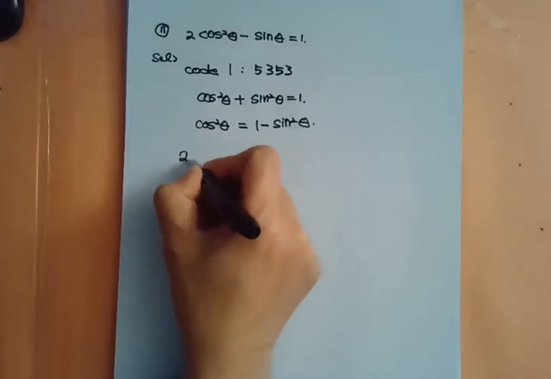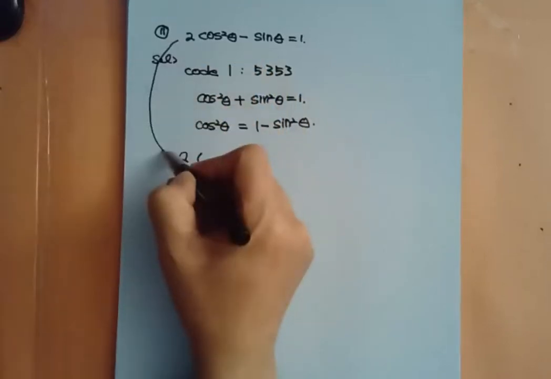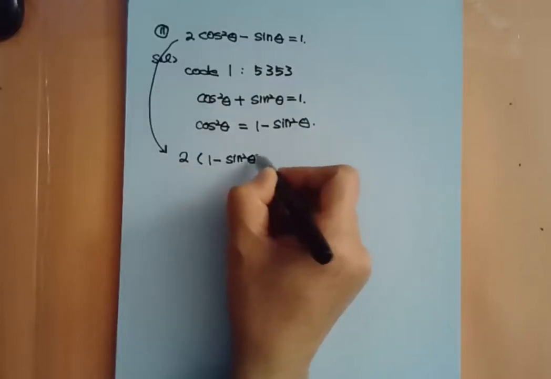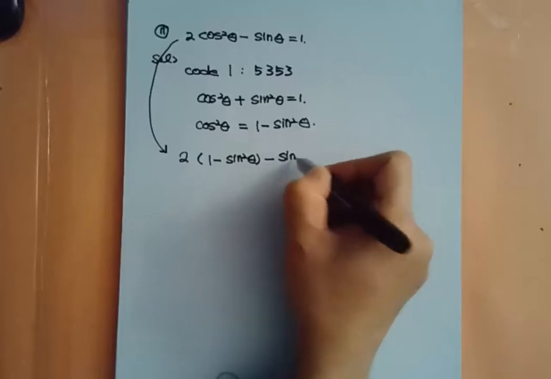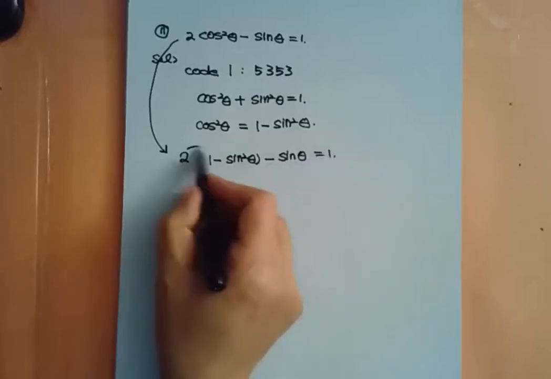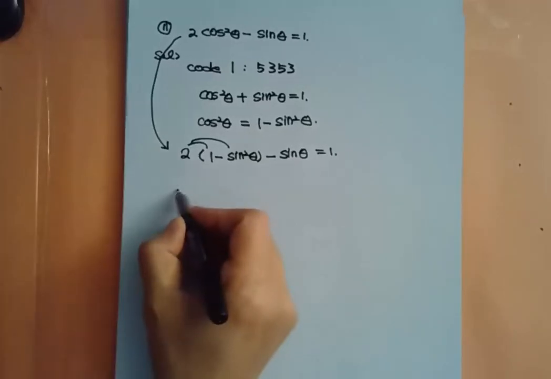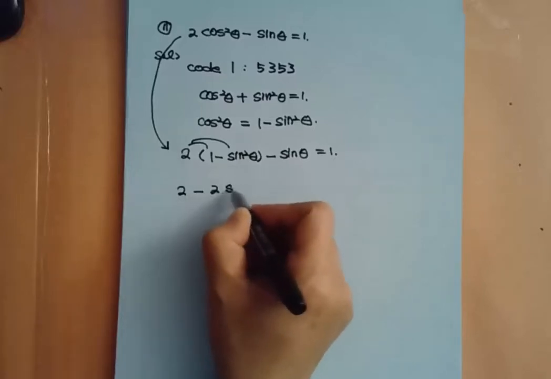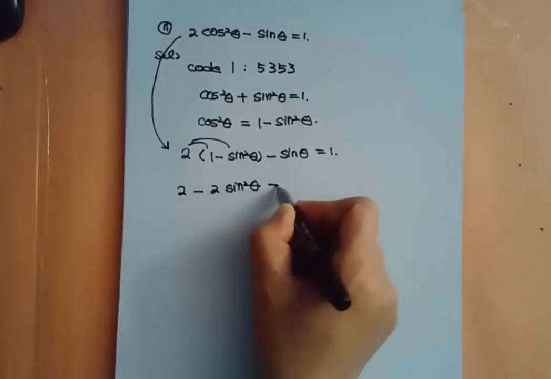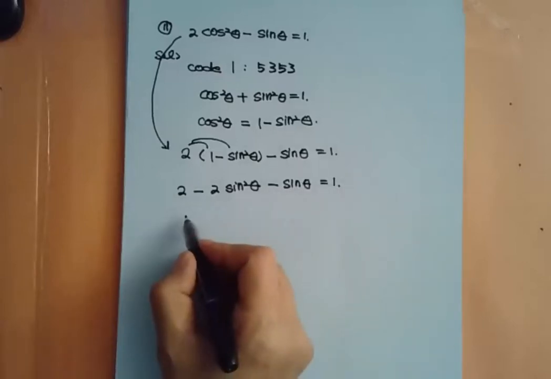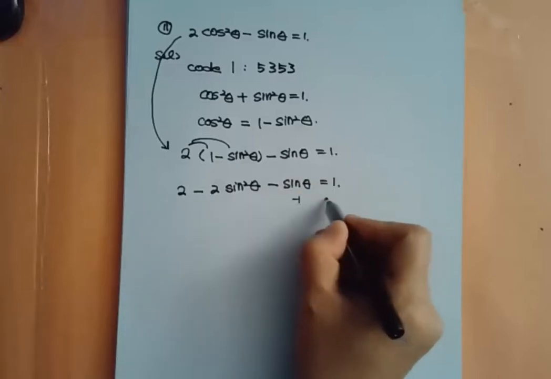So the given equation becomes 2 times 1 minus sine squared theta, minus sine theta, equals 1. That is 2 minus 2 sine squared theta minus sine theta equals 1. We move this 1 to the left side by subtracting.